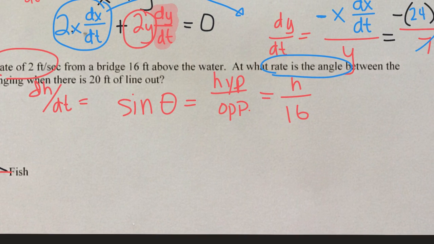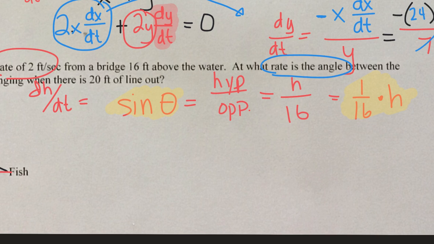So bear with me as I write this as 1 over 16 times h. They are mathematically equivalent, and I do that because now we're going to take a derivative. My equation is sine of theta equals 1 over 16 times h.